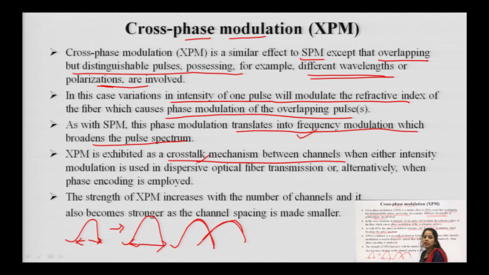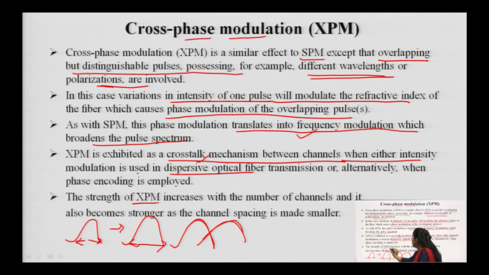Then we can't distinguish between two different signals, and this condition is called the crosstalk mechanism between channels. When intensity modulation is used in a dispersive optical fiber transmission, dispersion is involved, overlapping takes place, and we can't distinguish between the two adjacent signals.